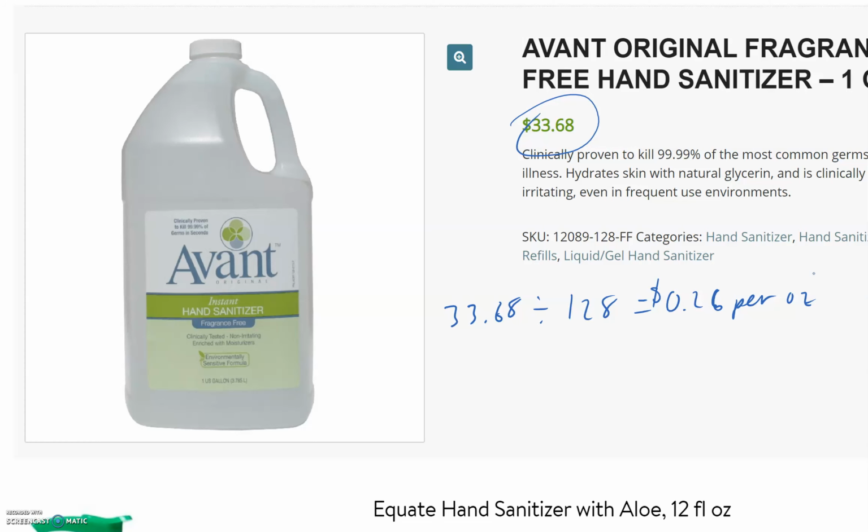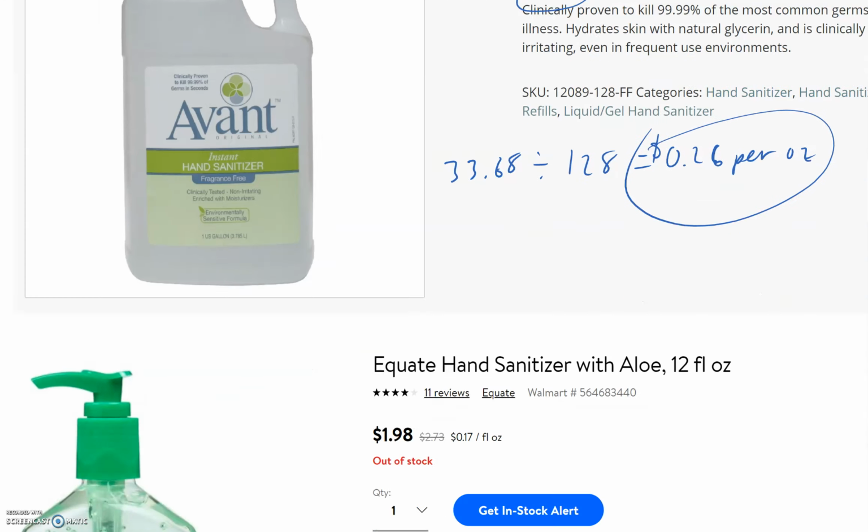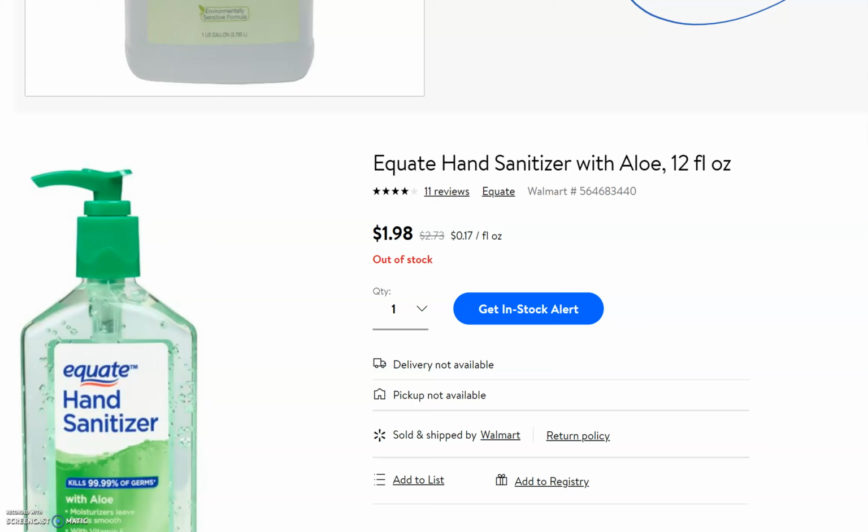Okay, so remember that one, 26 cents. Is that the smallest? The Equate hand sanitizer was 198, and it's 12 ounces, so divided by 12. I did some rounding on this one, because it's 0.0165, and so that rounds to 17 cents. So far, best deal is here, right?